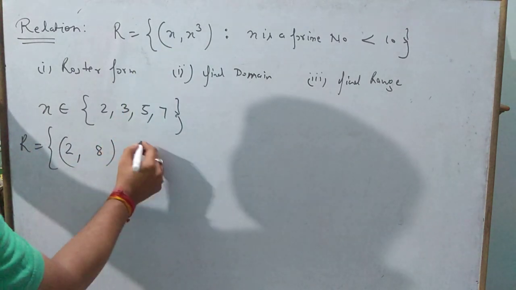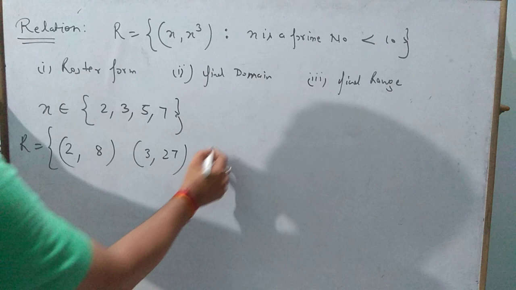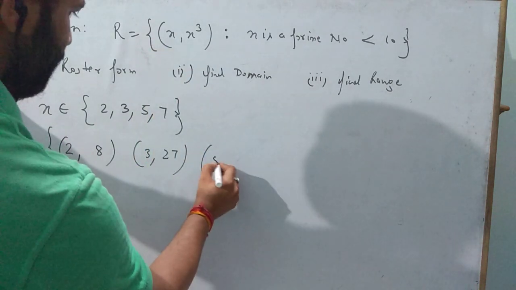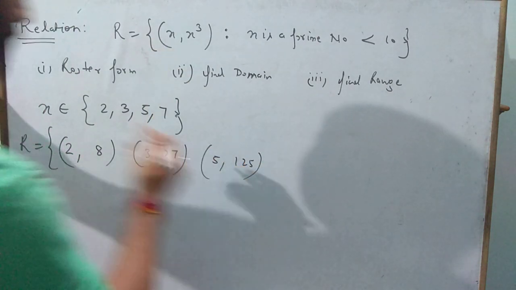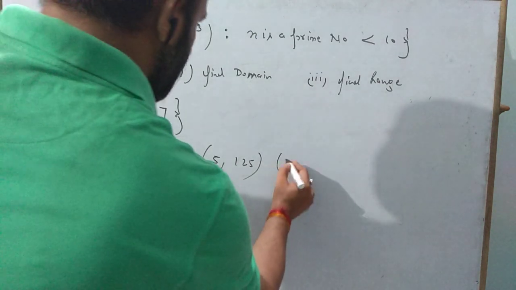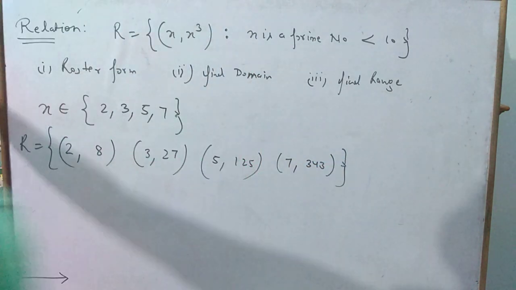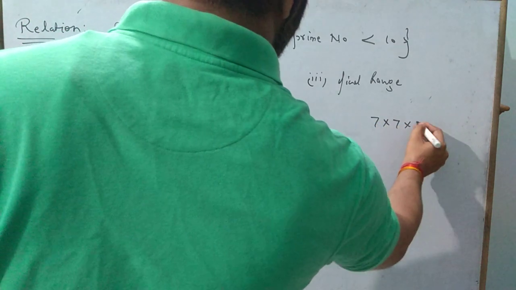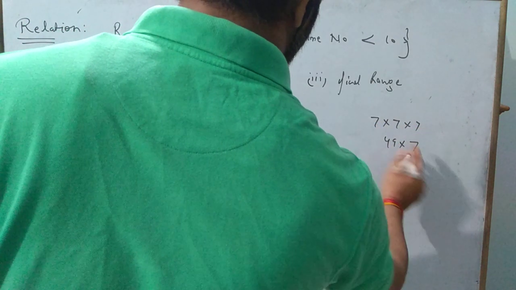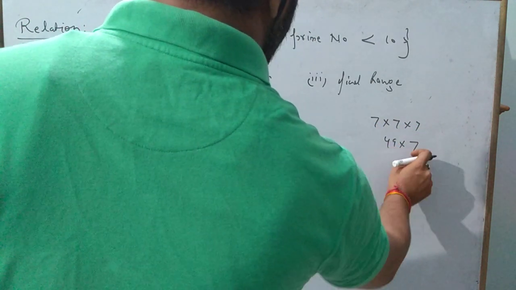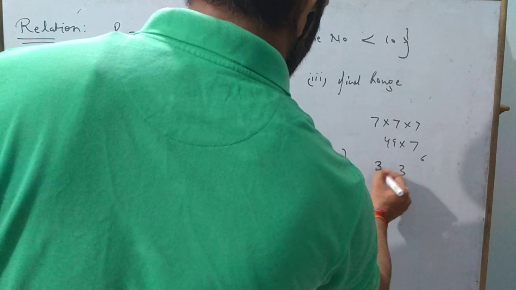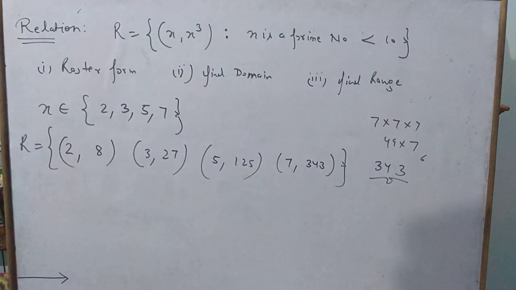When we put 3, 3 cube is 27. When we put 5, 5 cube is 125. And when we put 7, 7 cube is 343, that is 7 into 7 into 7, 49 into 7, which is 343. So this is the way we write the relation in roster form.